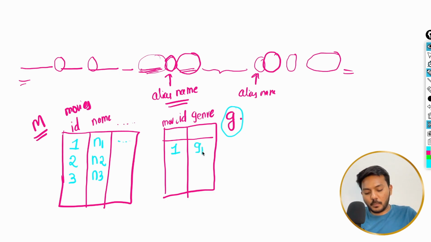It is also possible that I have the same movie ID belonging to another genre as well, because a movie can be of multiple genres. And then I might have 2 and genre 3, and I might have a record 3 and genre 4. Let's assume it like this.